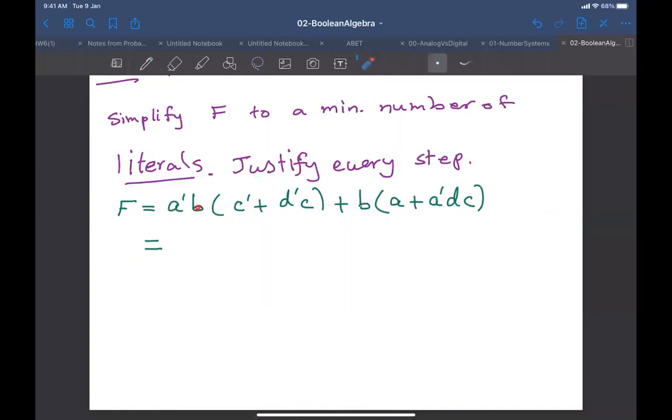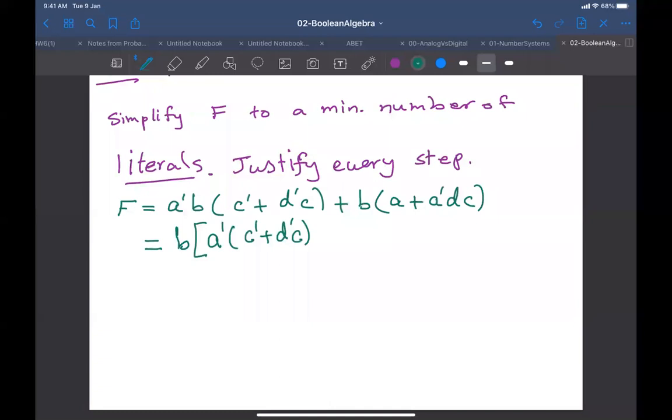If you take B, the remaining expression is going to be A complement ANDed with C complement, ORed with D complement C. Let me write that. So I can say B, and then for the first sub-expression, it's going to be A complement C complement, ORed with D complement C.